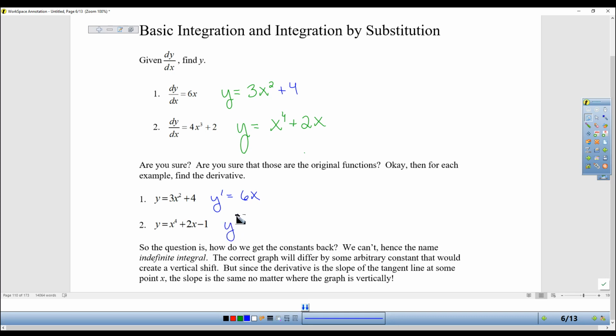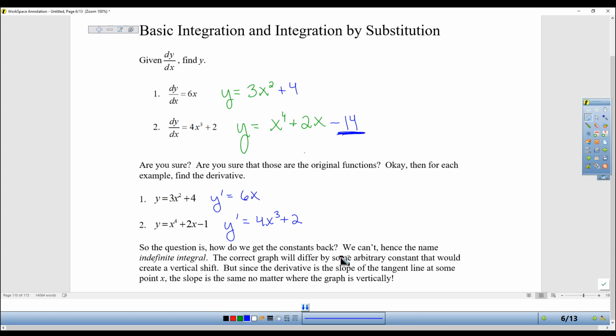And the derivative on number 2 is 4x cubed plus 2. But when we tried to do it backwards, we just got x to the 4th plus 2x. We didn't get that minus 1. Where did that minus 1 come from? We never could have gotten that minus 1. In fact, if we had put a minus 14 here, it still would have had this derivative. This number is not going to affect the derivative at all.